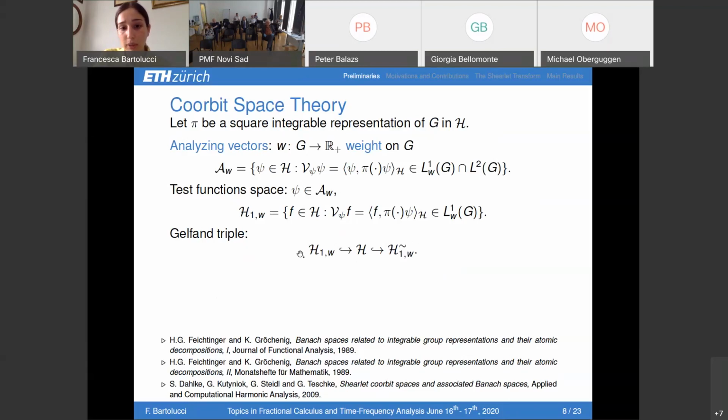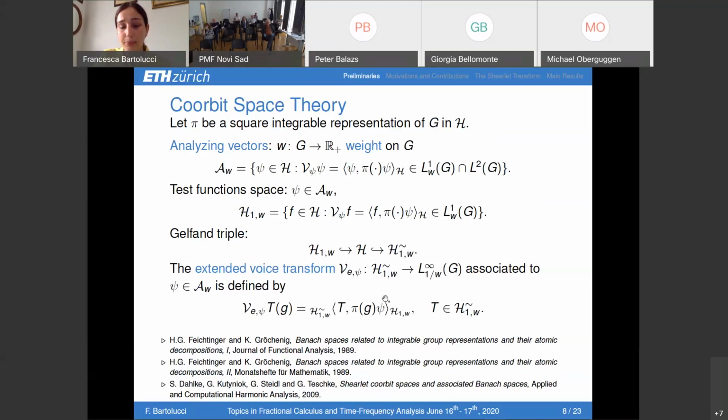So these continuity properties allow us to extend the inner product of the Hilbert space H as a sesquilinear map on the product of the antidual times the test function space H1W. And we can extend the voice transform as follows. So the voice transform of an element T of the antidual is a function on the group, which is defined as follows.